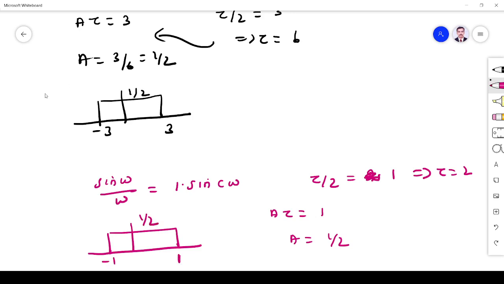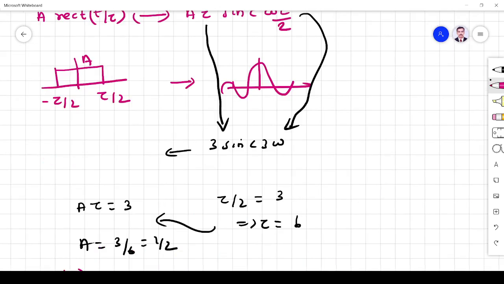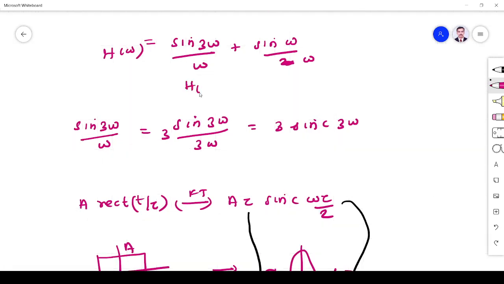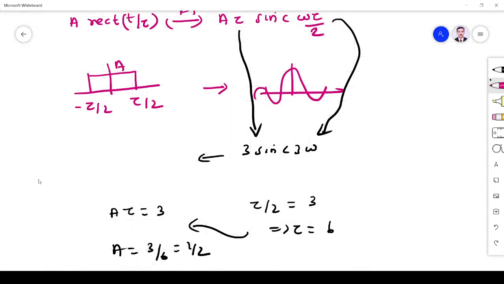Let us assume this is h1(omega) and this is h2(omega), because it is H(omega). The inverse Fourier transforms are h1(t) and h2(t). We got both, and what I have to find is the value at t equal to 0.